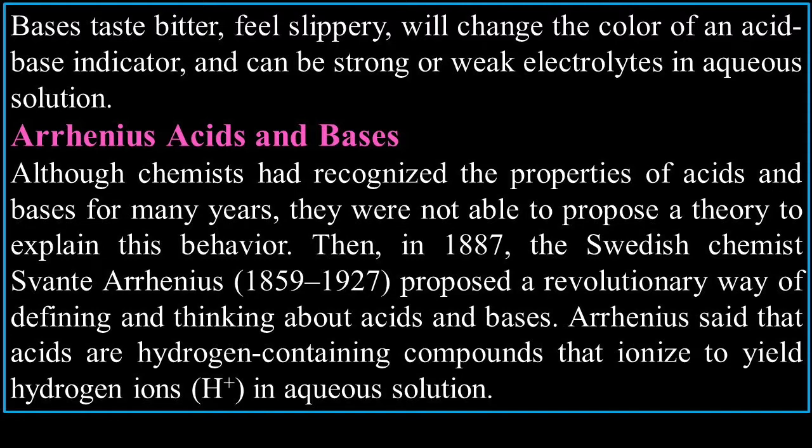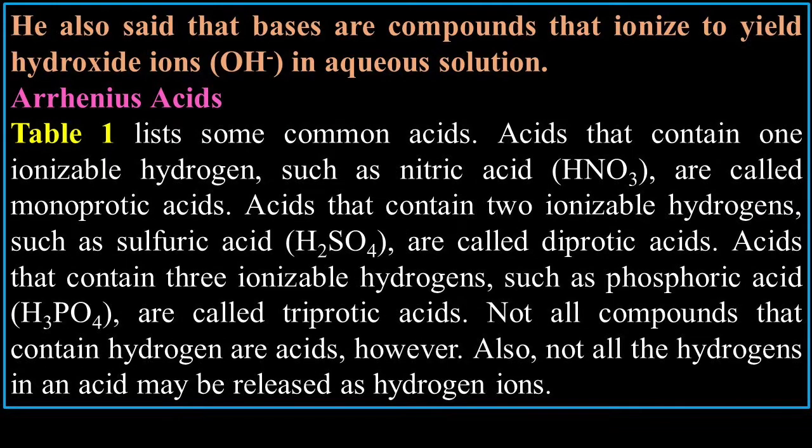Arrhenius said that acids are hydrogen-containing compounds that ionize to yield hydrogen ions in aqueous solutions. He also said that bases are compounds that ionize to yield hydroxide ions in aqueous solutions.